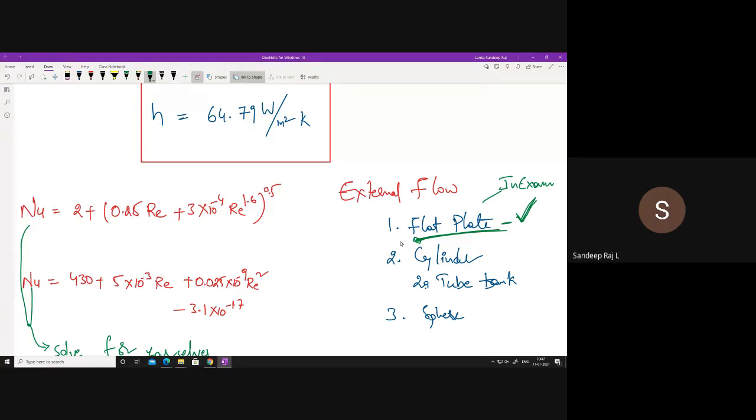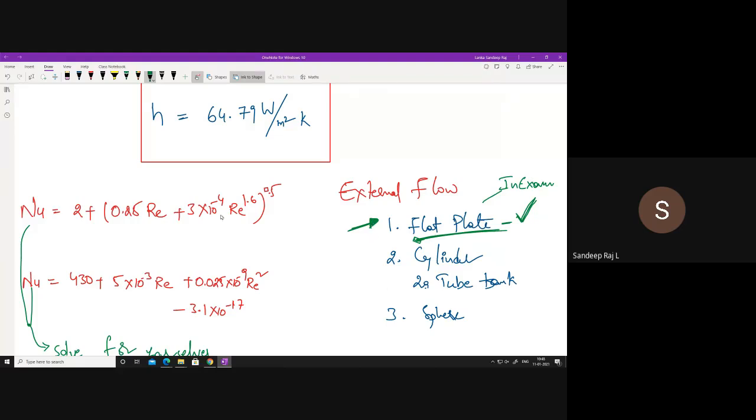Even in the turbulent, constant wall temperature, constant heat flux, the liquid metals case, whether laminar is considered or not considered, fully turbulent. So many cases I told you as far as flat plate is concerned, because all those cases are generally asked in the examination most of the times.